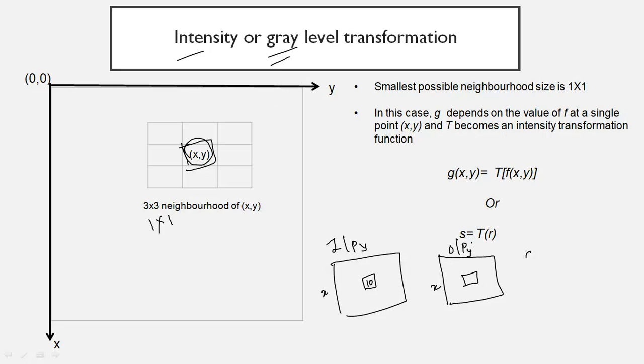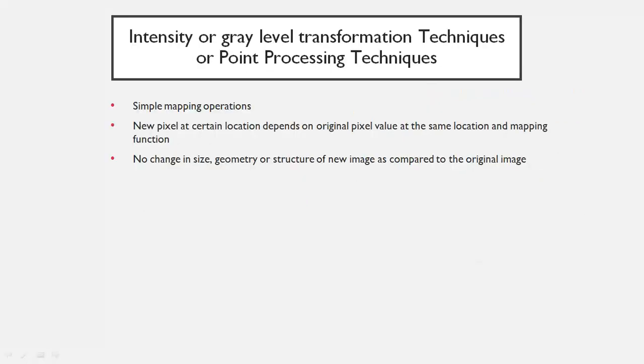So here g of x comma y is only dependent on f of x comma y, and it is not dependent upon any of its neighbors. Such a technique is called point processing technique, and T becomes the intensity transformation function because this intensity is transformed.